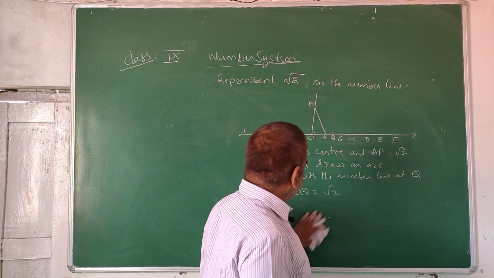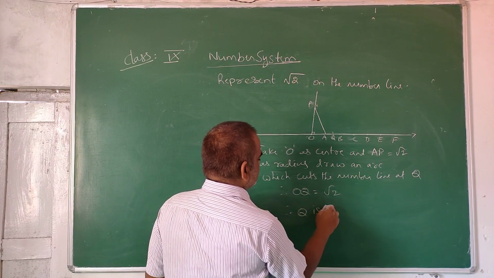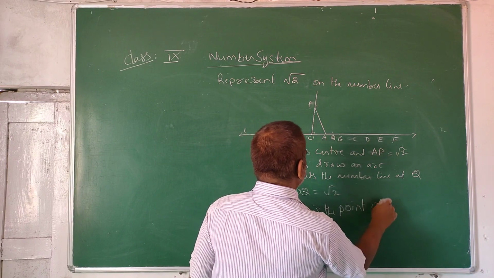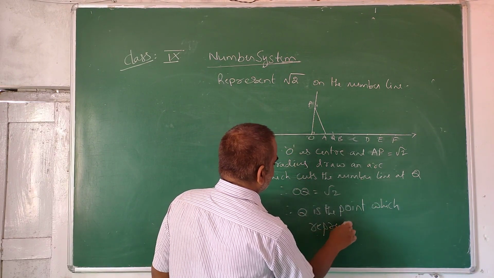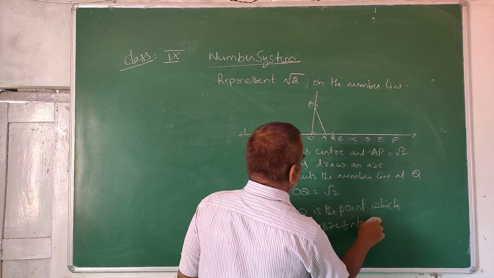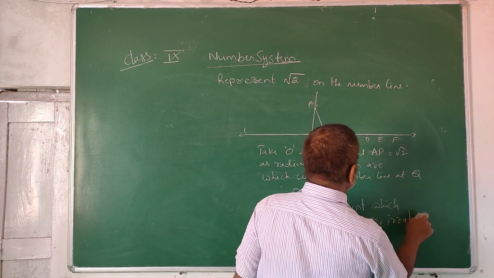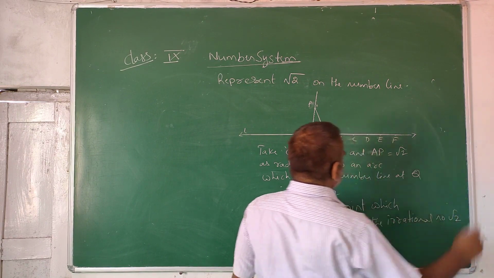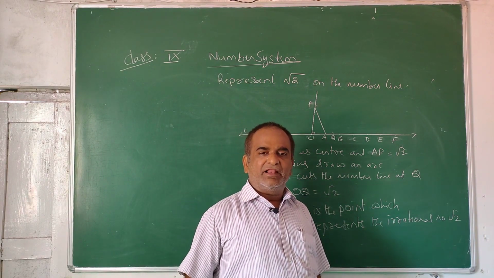Therefore Q is the point which represents the irrational number root 2. Understood? So this is how you represent an irrational number on the number line.